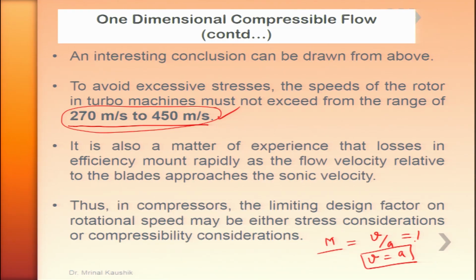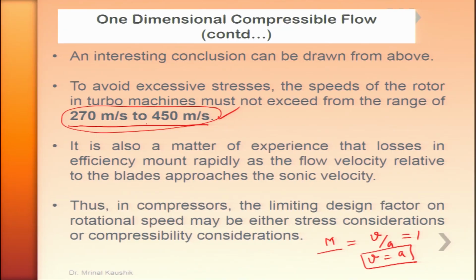Whereas for the air, which is having the 330 meter per second sonic speed which lies in this range, both considerations are very much important. I hope you understood this point carefully.